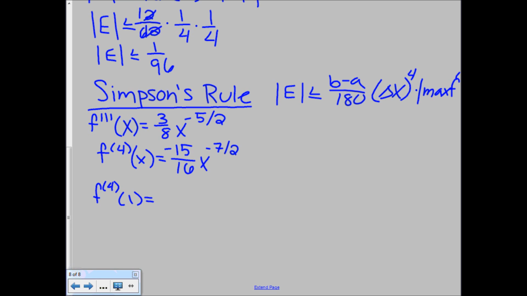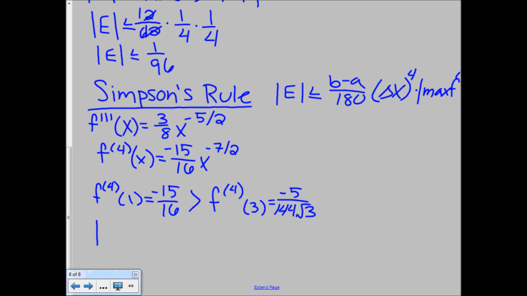If we look at the fourth derivative at 1, it's negative 15 over 16. At 3, once we simplify, it's equal to negative 5 over 144 times the square root of 3. Our maximum value is at 1, so we use the absolute value of negative 15 over 16 in our error formula.